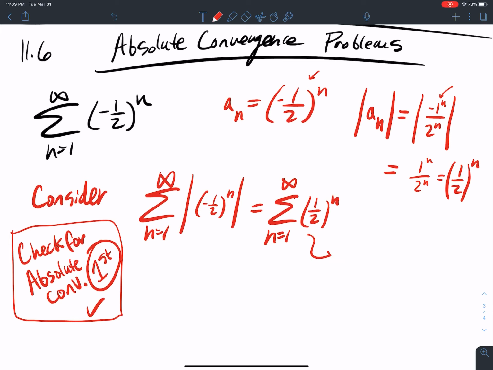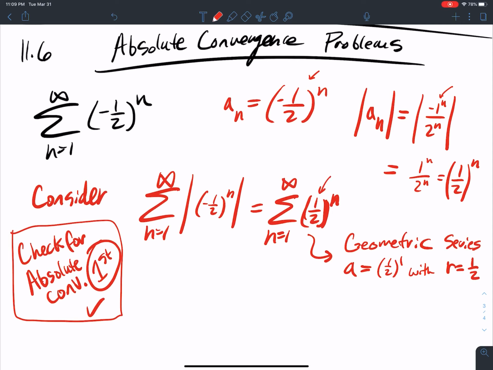Look, guys, this thing right here, this is a geometric series. I see a ratio to a power n here, so I should think geometric. It's a geometric series with a, the first term. I plug a 1 in, I get 1/2. So a equals 1/2 with a common ratio r equal to 1/2.